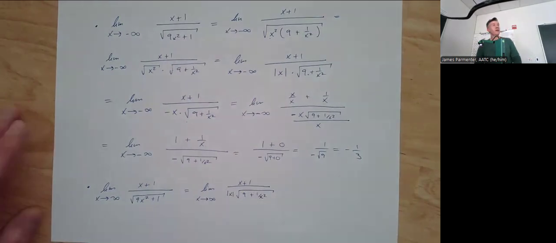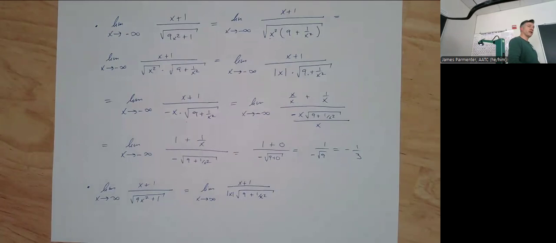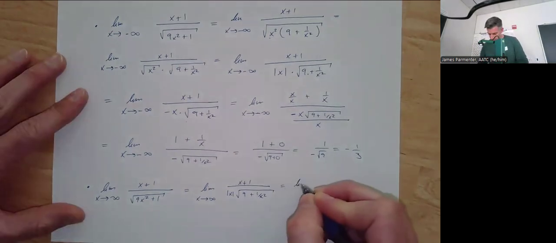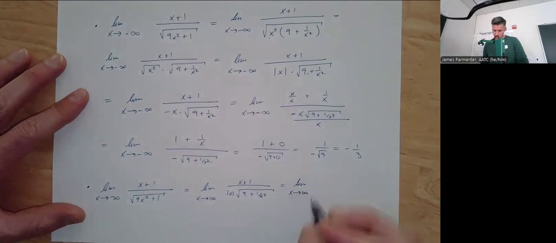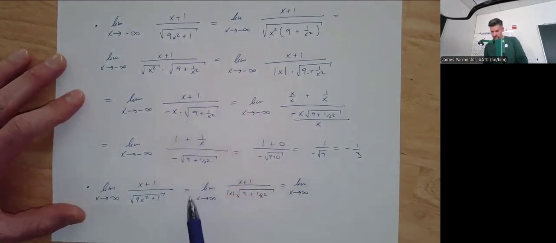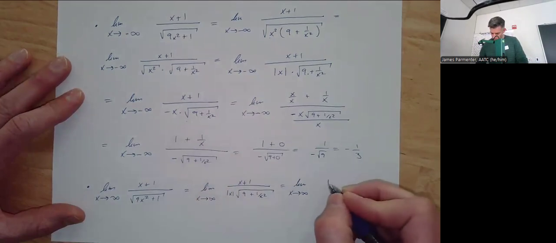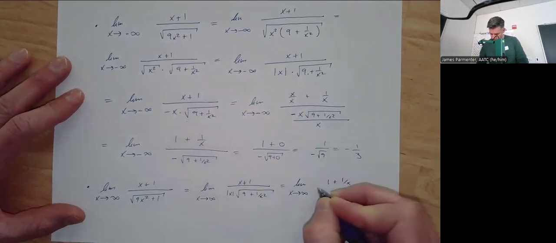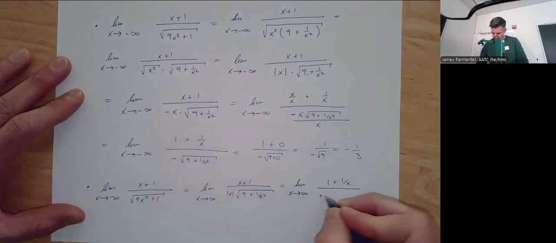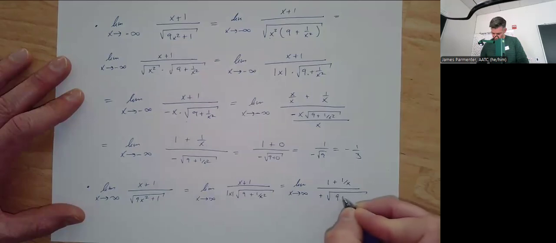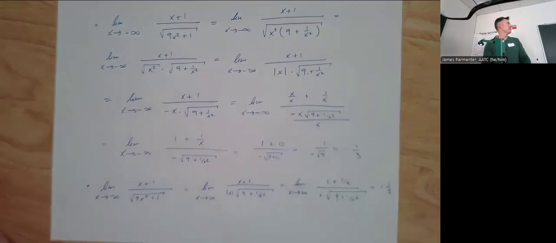But now, since x is clearly positive, the absolute value of x is just equal to x. So the only thing that's going to change is we're not going to get a negative sign here. It's going to be 1 plus 1 over x over positive square root of 9 plus 1 over x squared, which means we're going to get positive 1/3 as our limit.